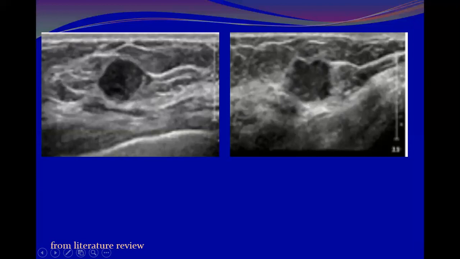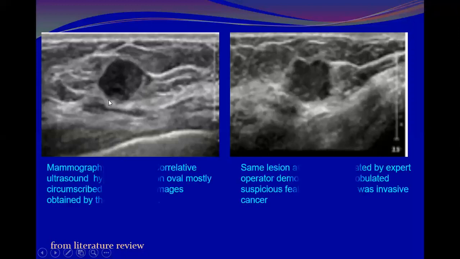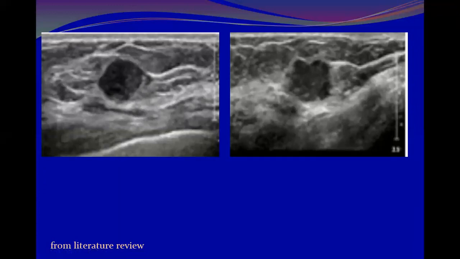Someone might say 3. It is mostly circumscribed. Here might be an angular border. Here maybe indistinct like this. So yes, but at least not the same grade. You will not grade it the same.